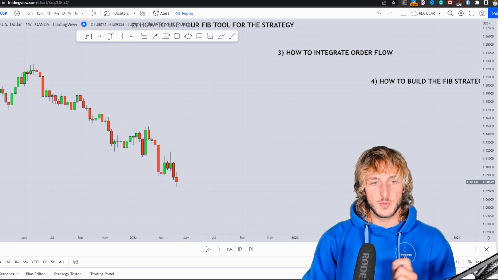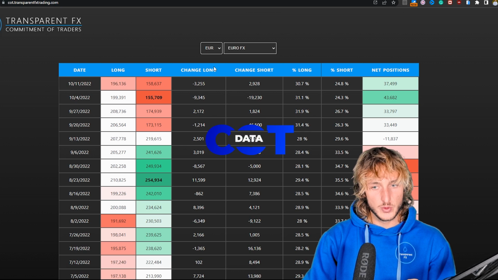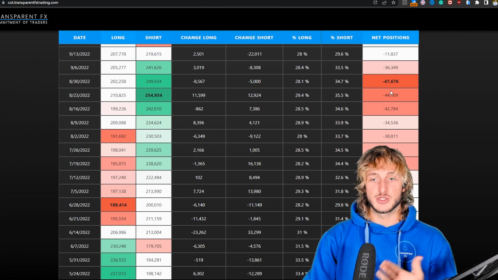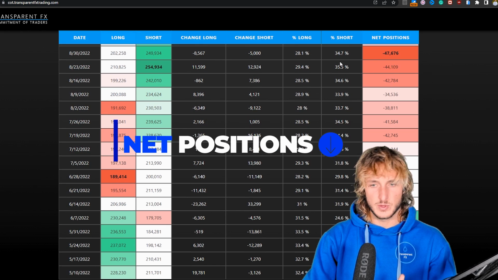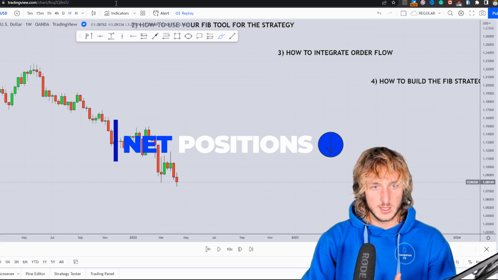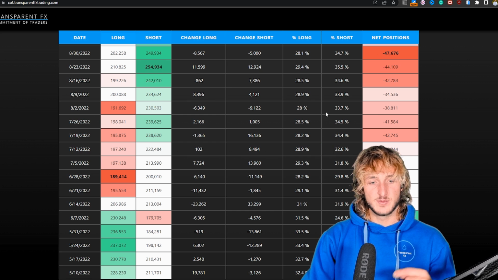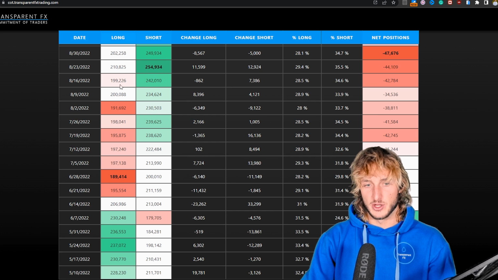What we want to see from an order flow perspective is on the euro, we want to see net positions getting decreased, right? Because if we're seeing net positions getting decreased, which in this case we were seeing, this means that we're seeing shorts added from an institutional perspective and longs getting closed.